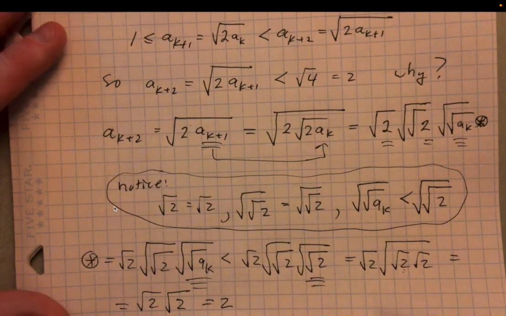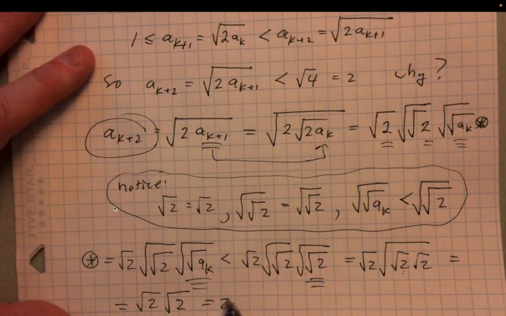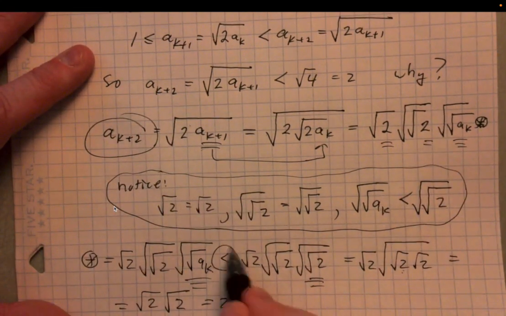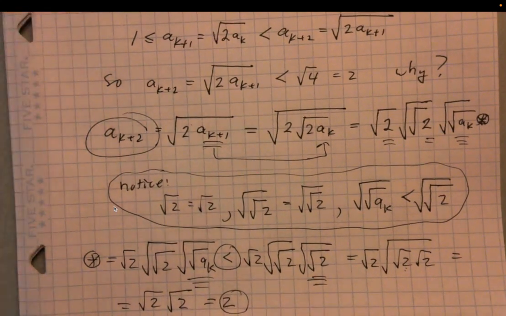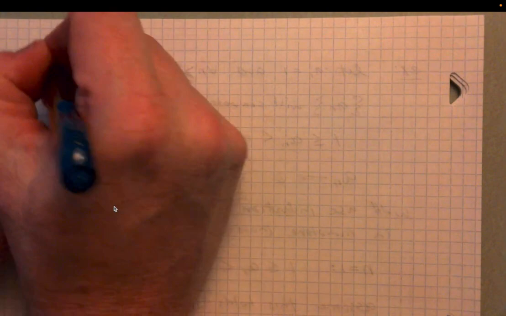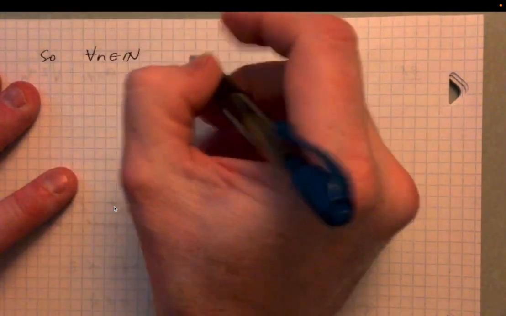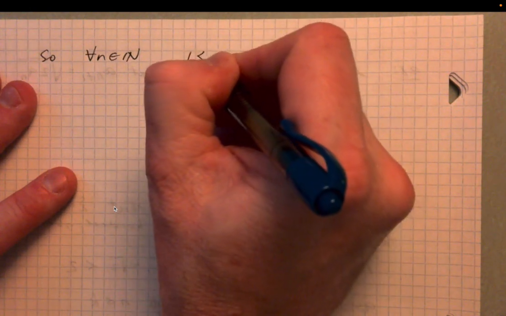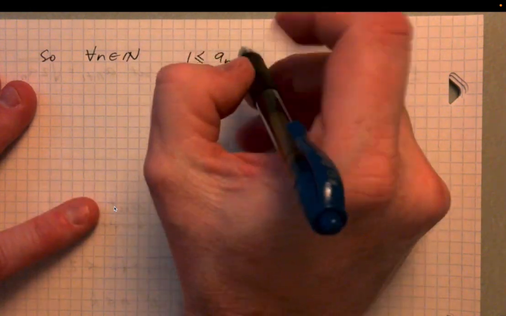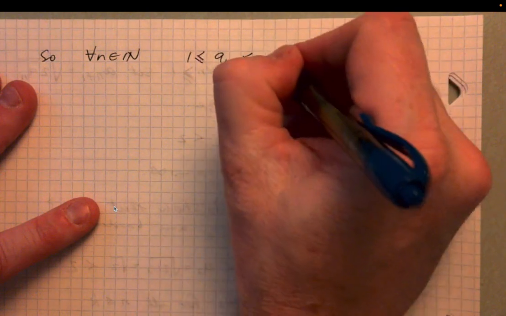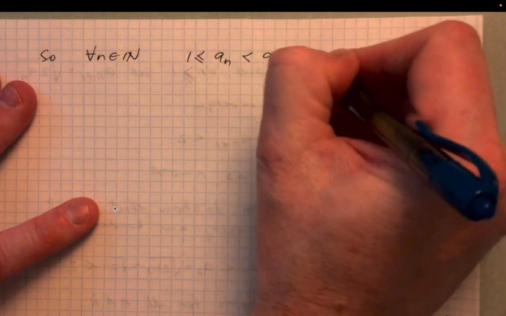What we've shown here is that a sub k plus 2 must be less than 2 also. And so that's the step, right? And so for all n in N, 1 is less than or equal to a sub n, which is less than a sub n plus 1, which we've just shown is less than 2.